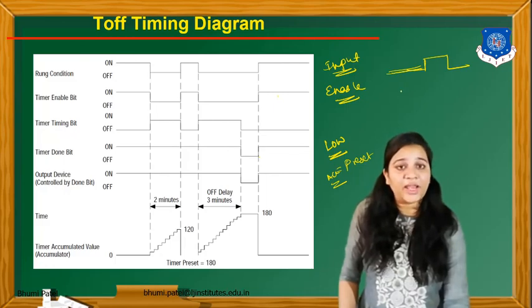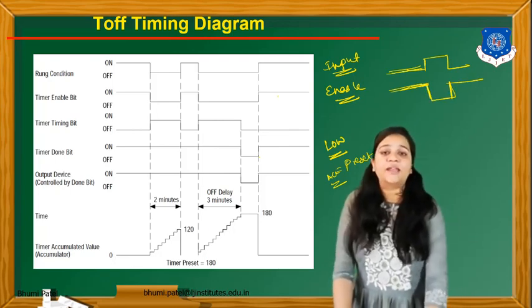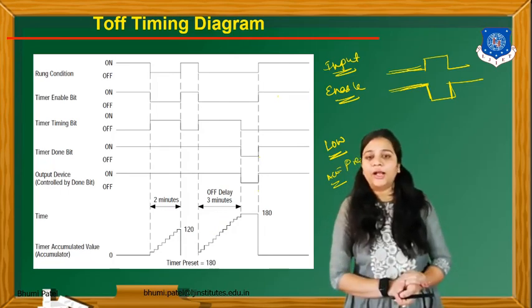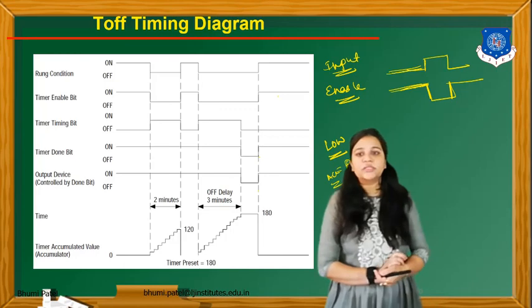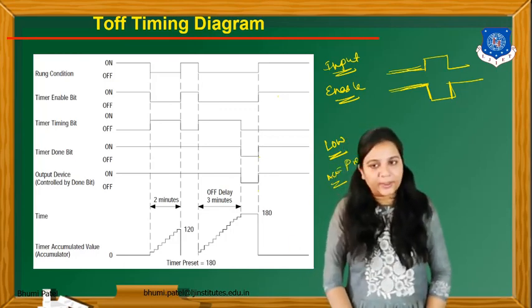In the T off timer, the done bit is high, and after the accumulator reaches the preset value, the done bit goes low, and then we can turn off the particular output devices. So this is the main difference between T on and T off timing diagrams.